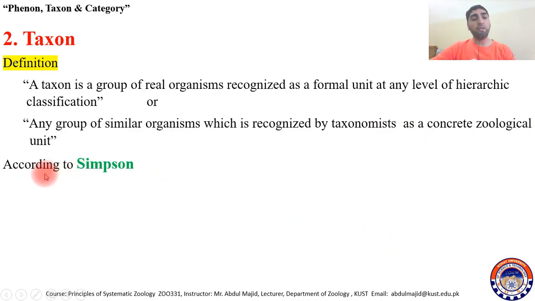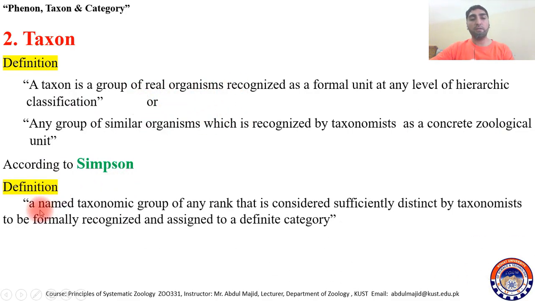So this was a general definition. Now according to Simpson, Simpson defined taxon as a named taxonomic group of any rank that is considered sufficiently distinct by taxonomists to be formally recognized and assigned a definite category. So all the definitions are similar, but they are a little bit different from each other, but the basic purpose of all the definitions is similar.